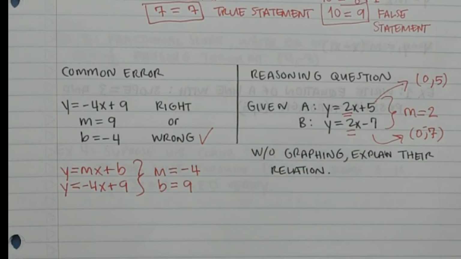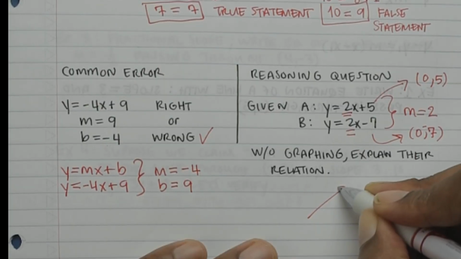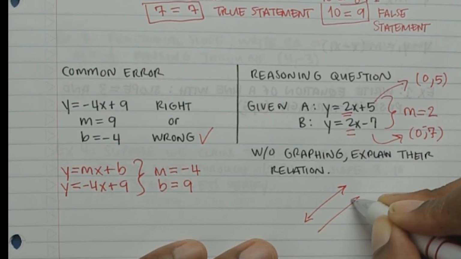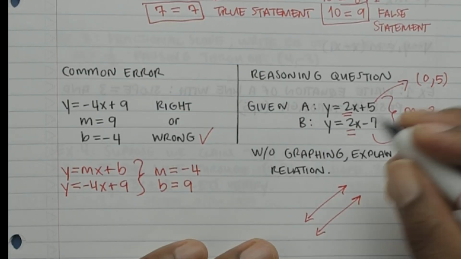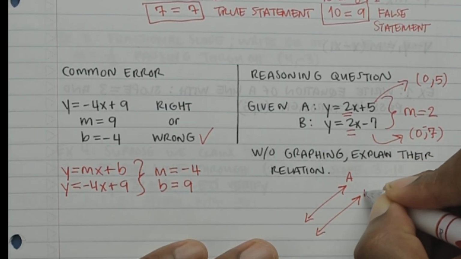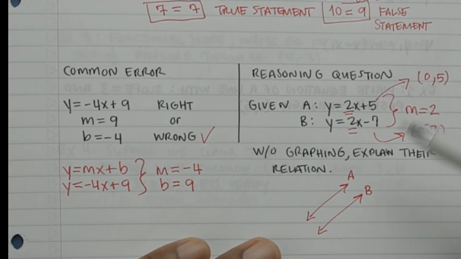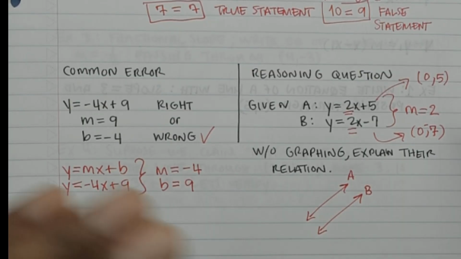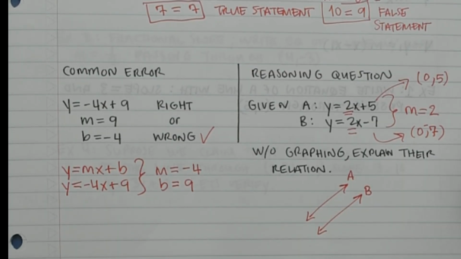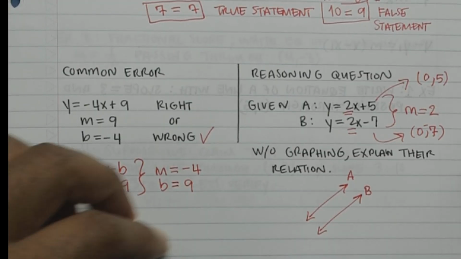So they have the same slope and different y-intercepts. Therefore, they are parallel lines. So that is how line A would behave, and that is essentially how line B would behave. They just cross the y-axis at different locations. Let's continue.